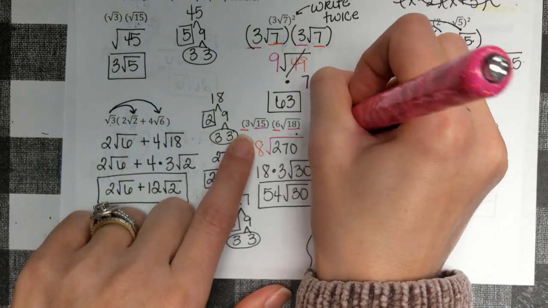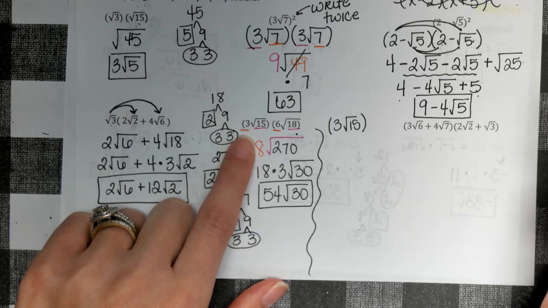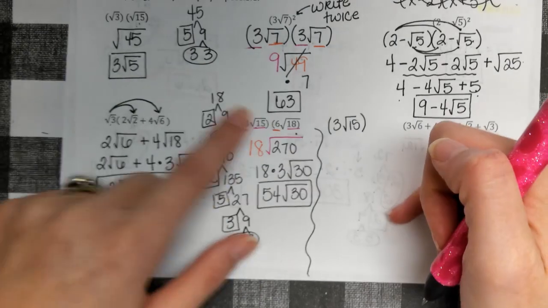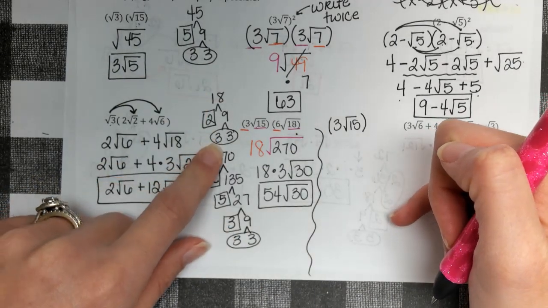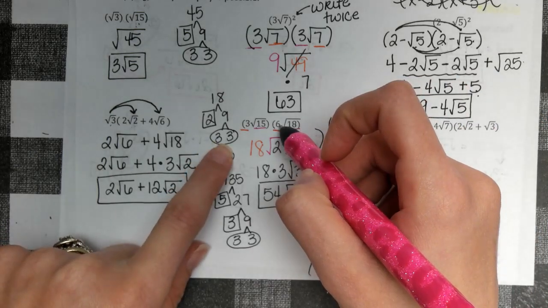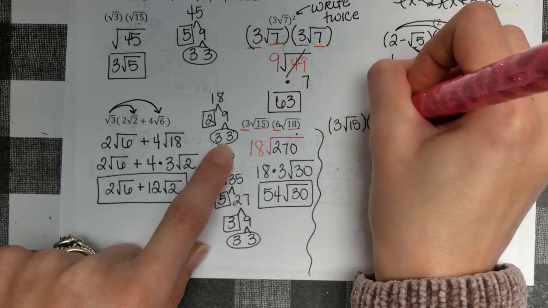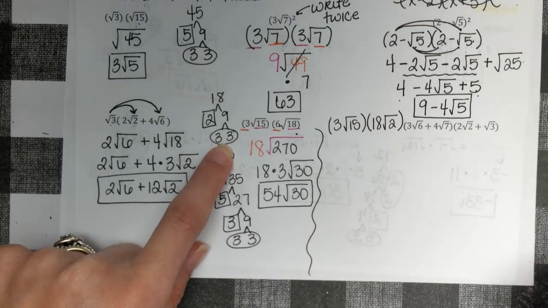If I take 3 square root of 15, that does not simplify because that's just 3 and 5. 6 square root of 18, I already broke down my 18 right here. So that would be 6 times the 3 that pairs. So 18 times the square root of 2.